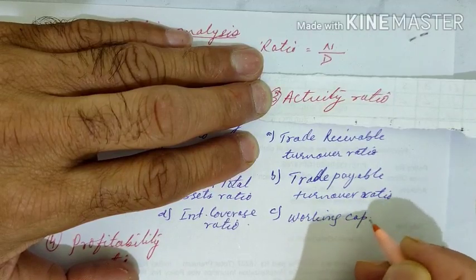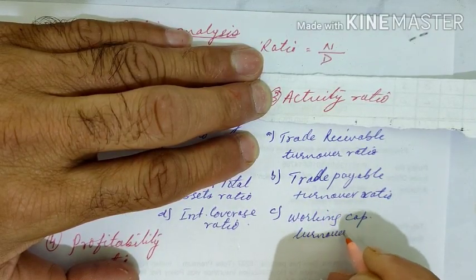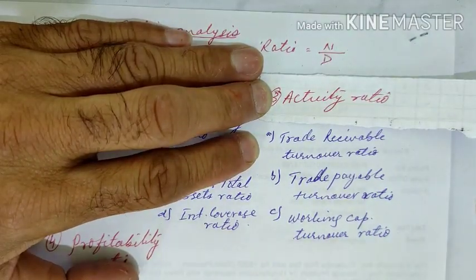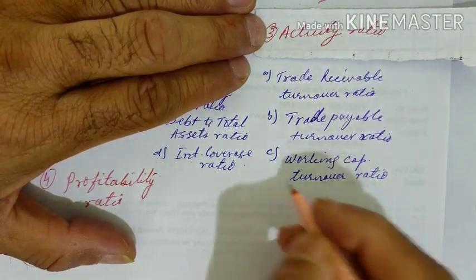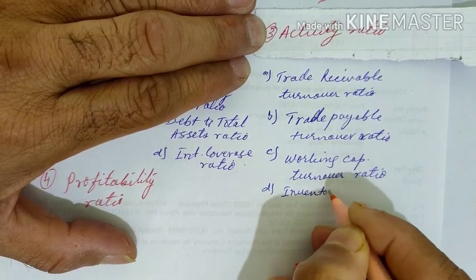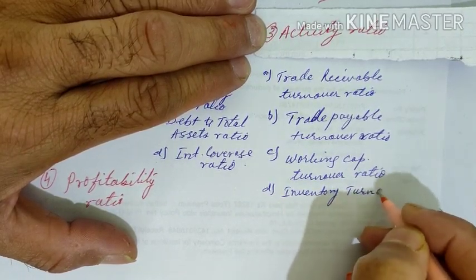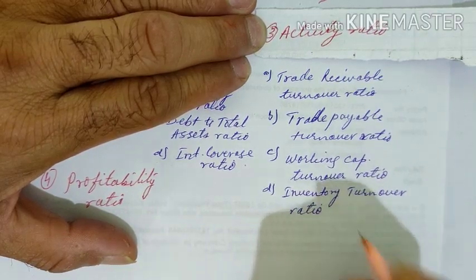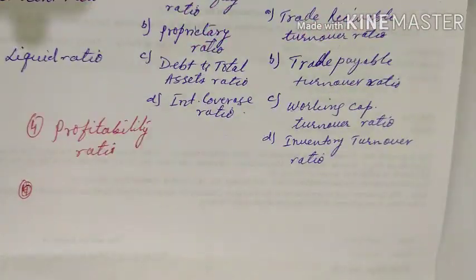Working capital turnover ratio. Number D, inventory turnover ratio.